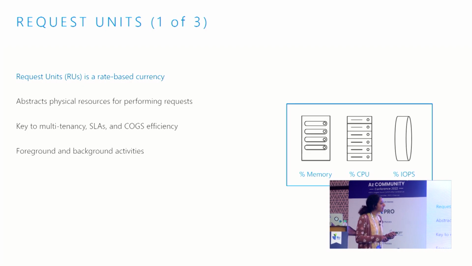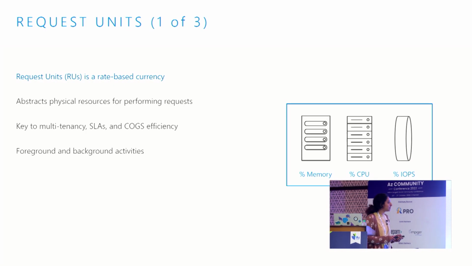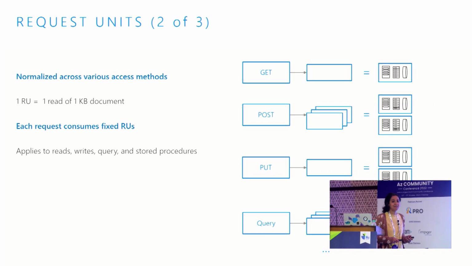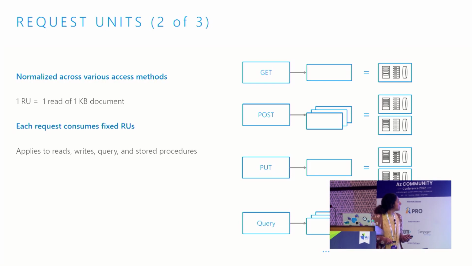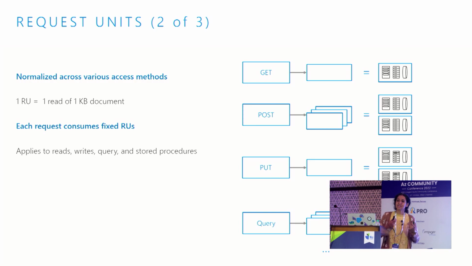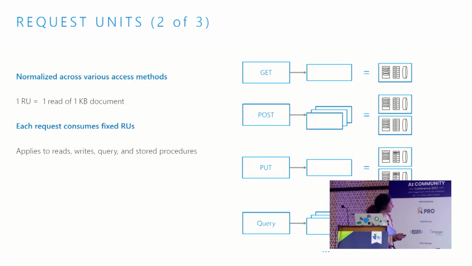It's basically a measure of the CPU, IOPS and memory required to perform your queries. So various operations like HTTP get, put, post, delete consume a certain amount of computing resources, which is expressed as a request unit, or an RU, at the backend.